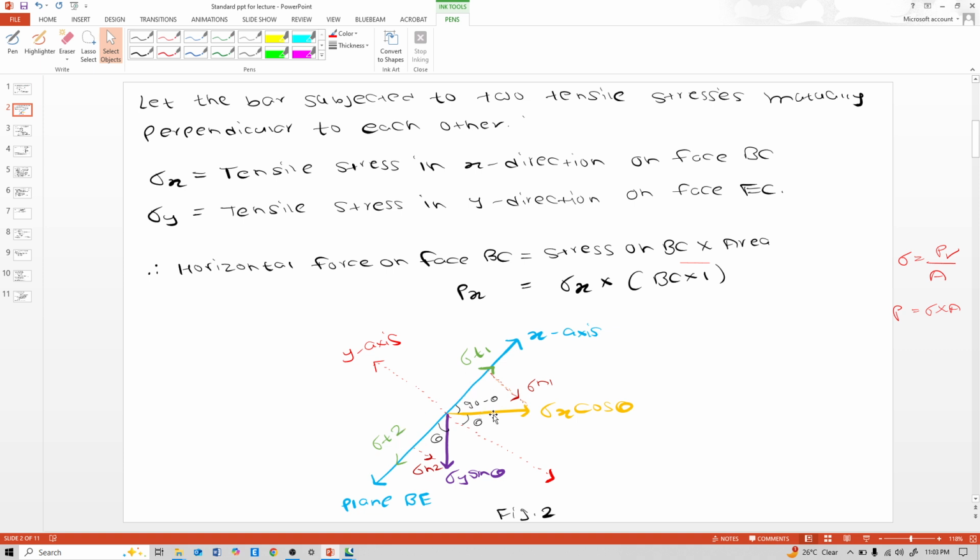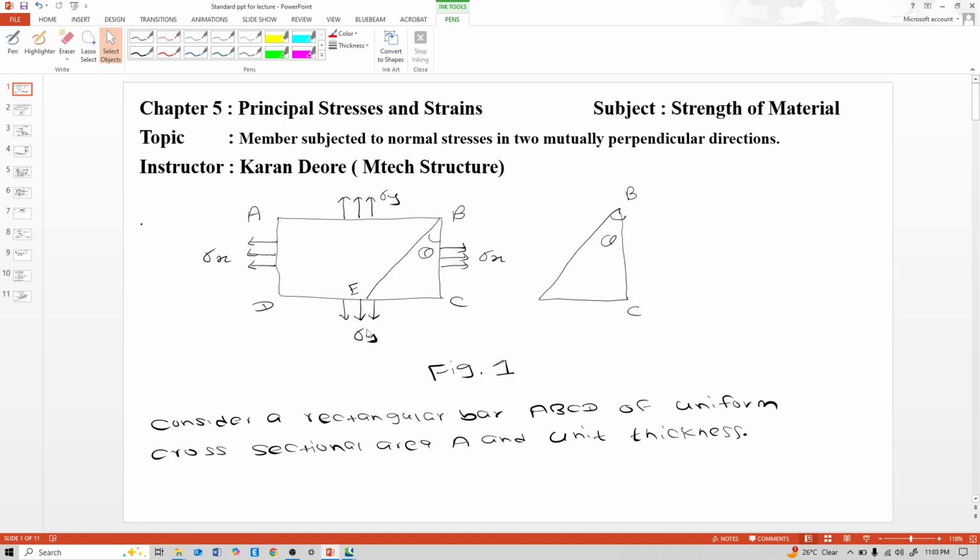Resolve this sigma x cos theta into x component and y component. So we get sigma n2, sigma n1, and the tangential stresses. And sigma y sin theta is the stress on CD or EC.